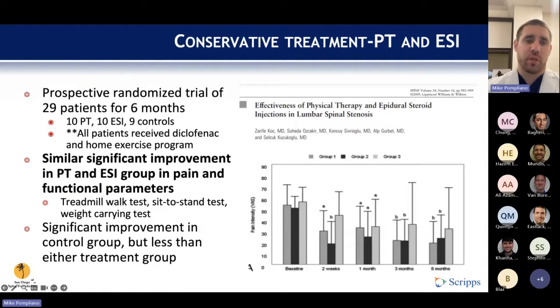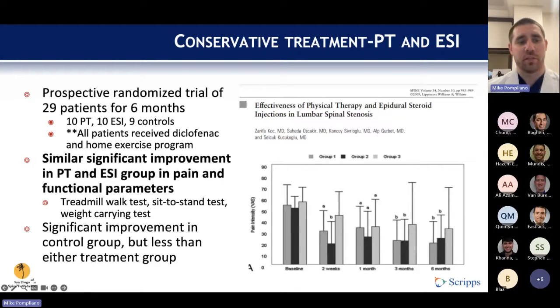With respect to physical therapy and epidural injections, there was a prospective randomized trial of 29 patients followed for 6 months, broken down essentially into 3 more or less equal cohorts: 10 PT, 10 epidurals, and 9 controls. To me, there was somewhat of a confounding factor in this study in that every patient received diclofenac and a home exercise program. So with respect to PT versus home exercise program, there's still some therapy involved.